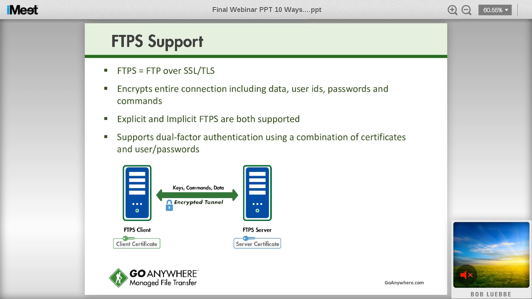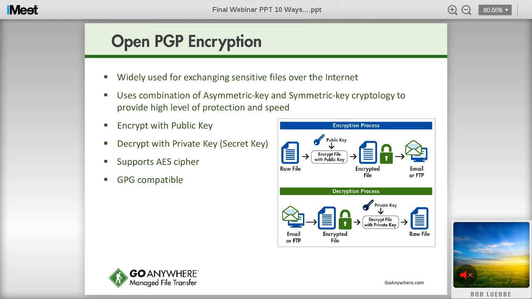We support both explicit and implicit FTPS, and we support dual factor authentication using certificates and user passwords. And you probably know that some of the older versions of SSL you don't want to use any longer because they are vulnerable to certain attacks. So you can just choose the more modern TLS standards when you're authenticating and encrypting the data over FTPS.